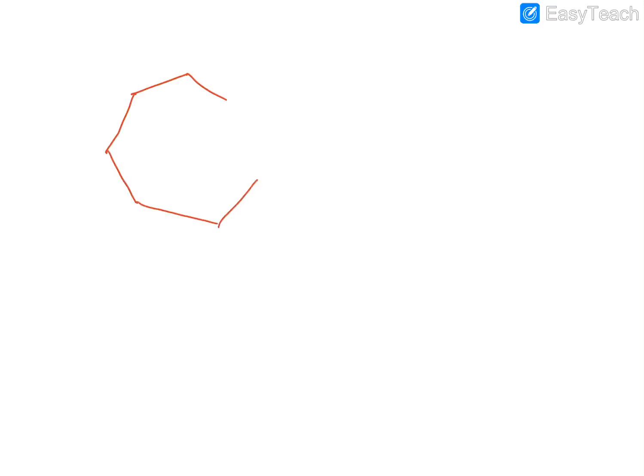Let's say this is the shape of diamond. Now let's say the light ray enters from here. The light ray is falling normally on this surface.